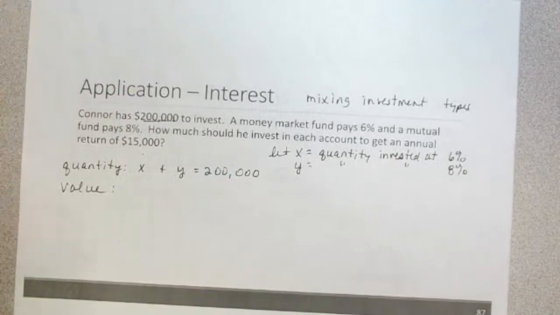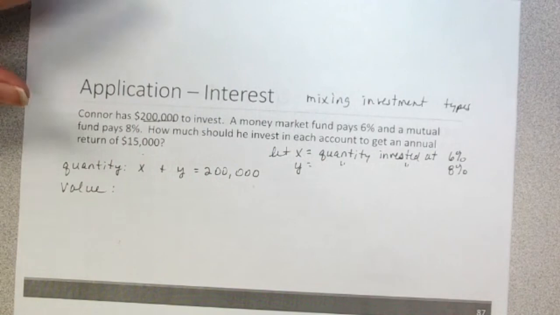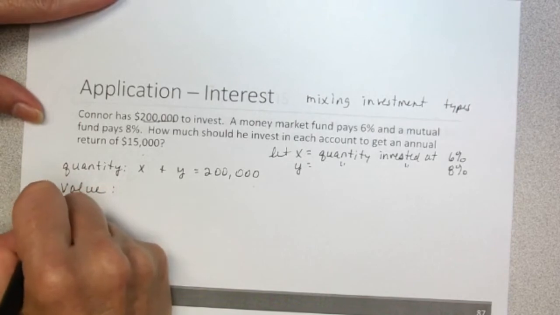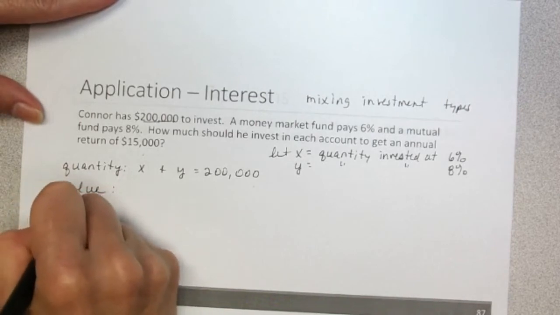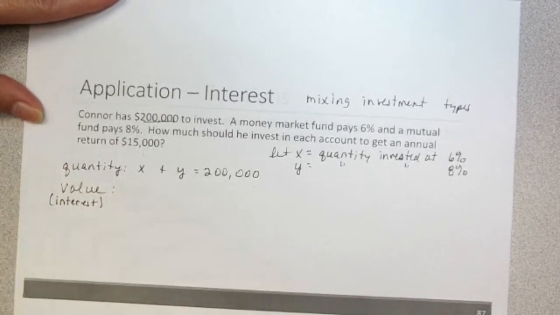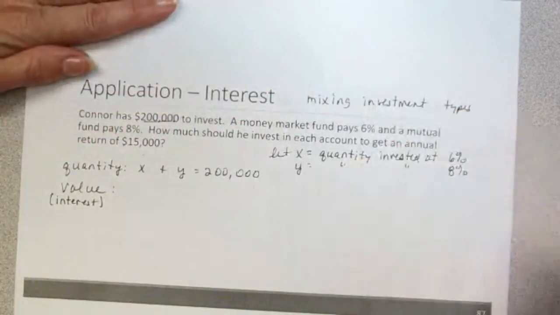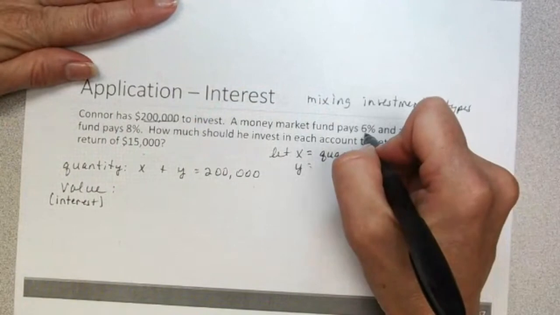That's our quantity equation. Now the value equation, what's the value equation going to be? Well, the value here is the interest that this money is earning, right? So my value equation here is going to be an interest equation. All right, so let's see, 6%, 8%. When we calculate with percentages, remember we have to move that decimal over.